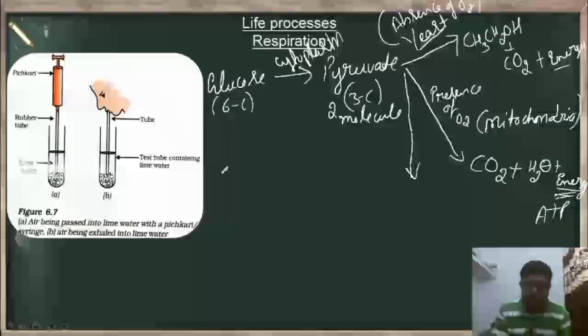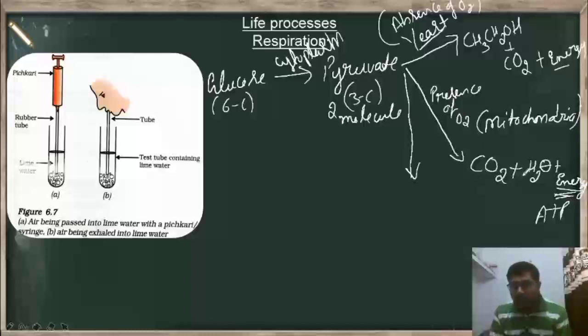Let us see. Here we have mentioned presence of oxygen. So whenever our pyruvate gets an adequate amount of oxygen in mitochondria, it breaks down to give carbon dioxide, water and a high amount of energy. But during lack of oxygen, what do we mean by lack of oxygen?